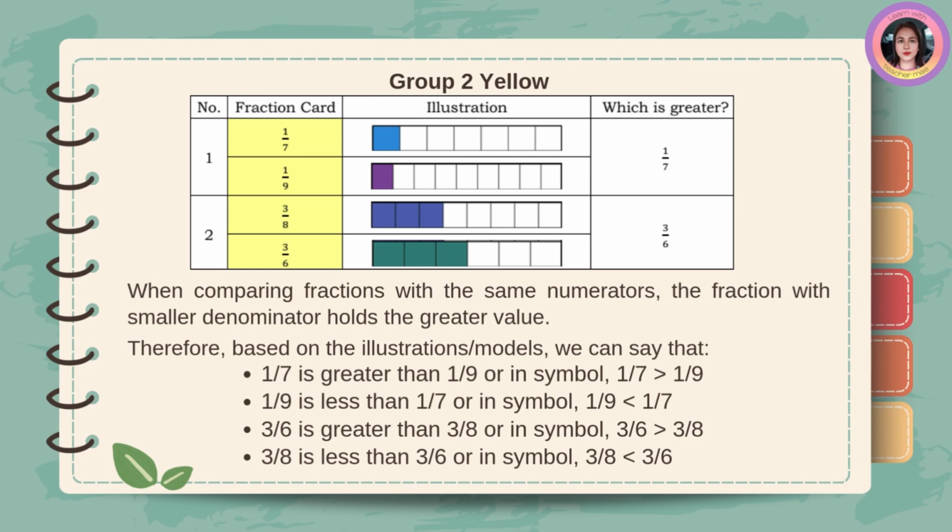Therefore, based on the illustrations, we can say that 1/7 is greater than 1/9. 1/9 is less than 1/7. 3/6 is greater than 3/8. 3/8 is less than 3/6.